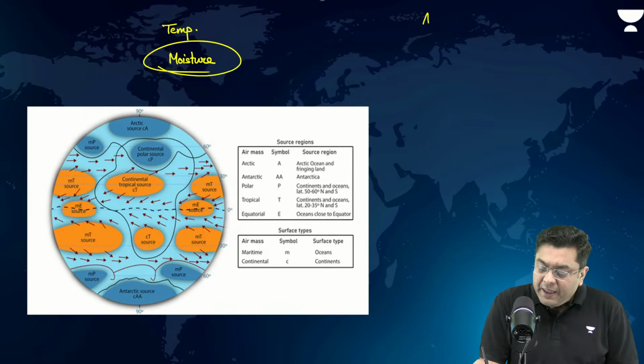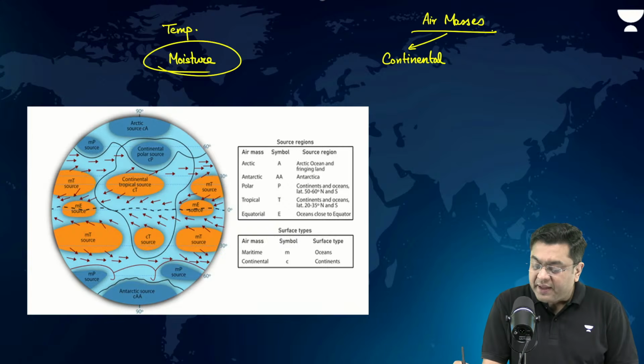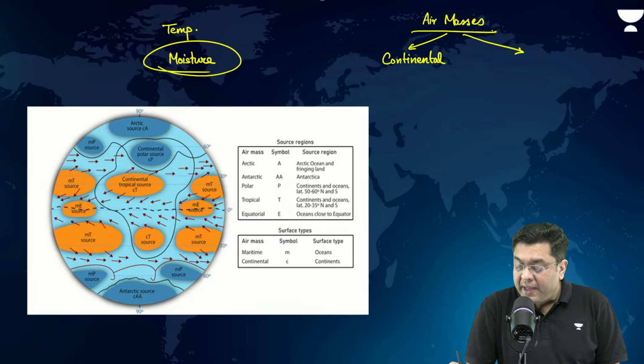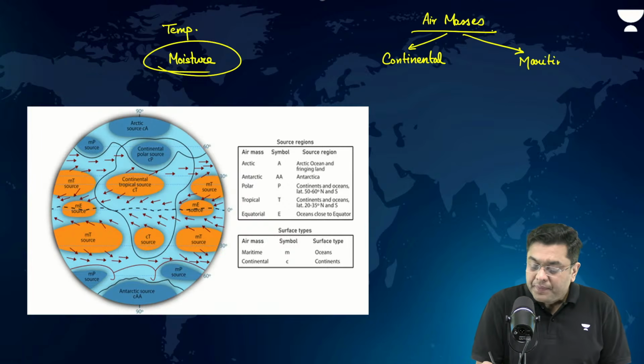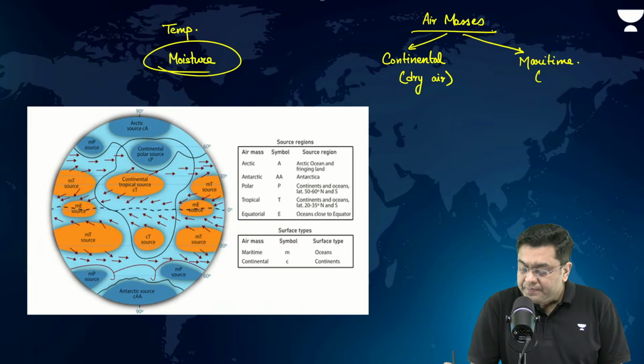So, air masses can be classified as continental and it can be classified as maritime. Continental meaning dry air, maritime meaning moist air.